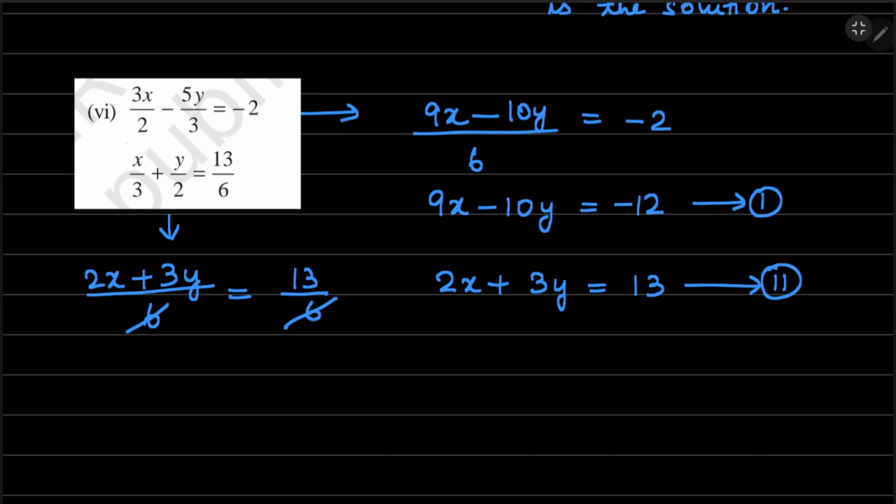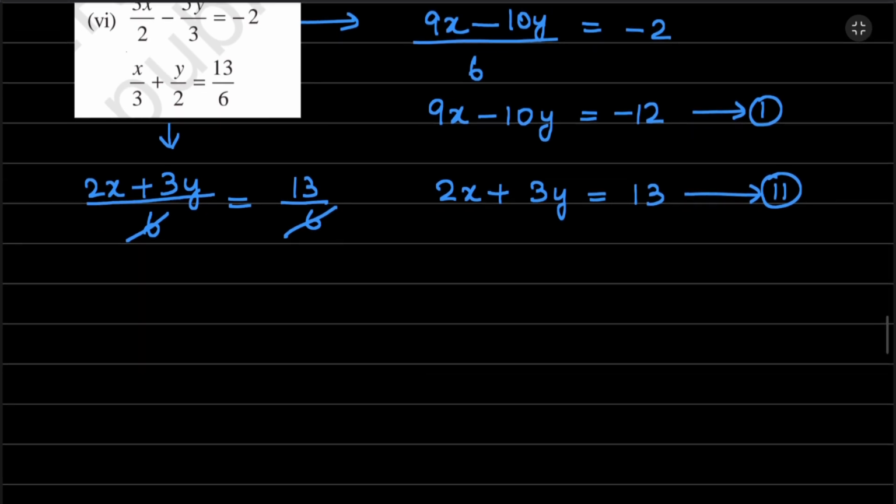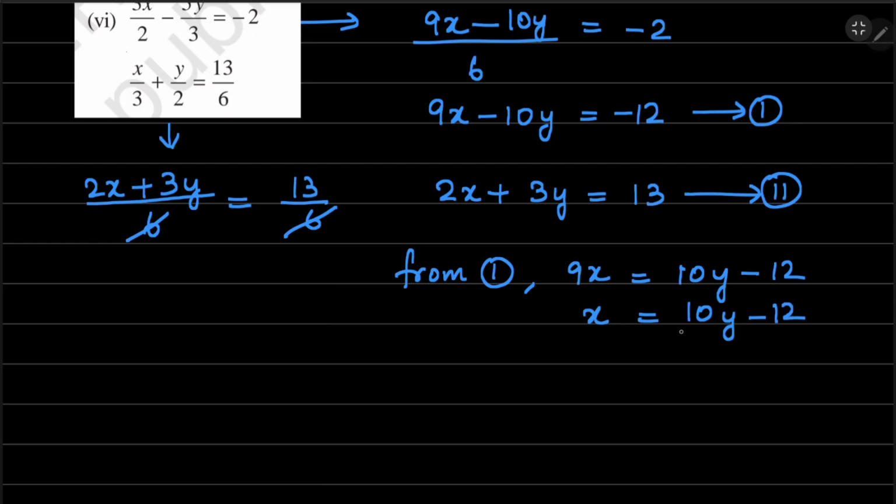Again, now let us write x in terms of y. From equation 1, what is your 9x equal to? 10y minus 12, isn't it? And x is nothing but 10y minus 12 divided by 9. Put this in equation 2.